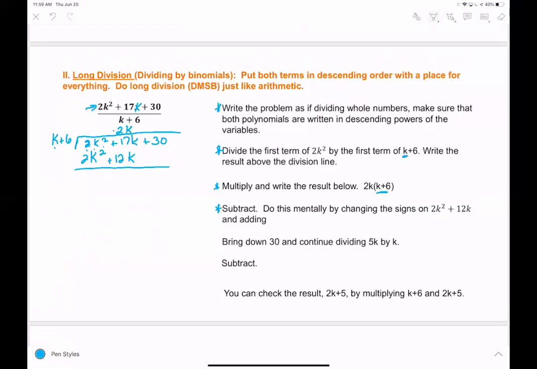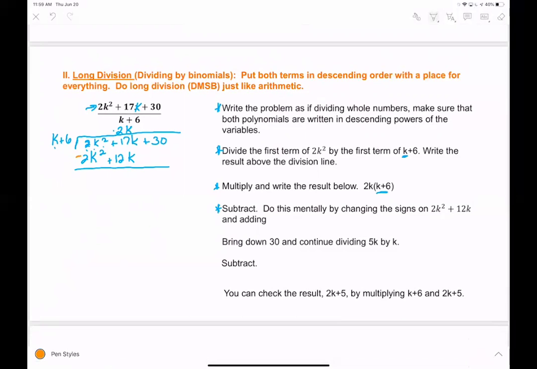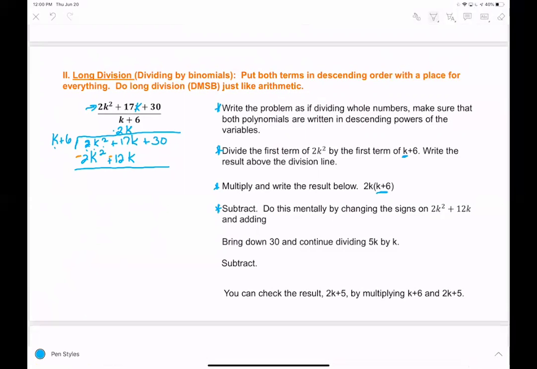So I'm going to come over here and change this to a subtraction. Of course, the 2k squares are going to cancel out, and then we have 17 minus 12 gives us 5k. And after we subtract, we're going to bring down the plus 30, and then we're going to repeat again.